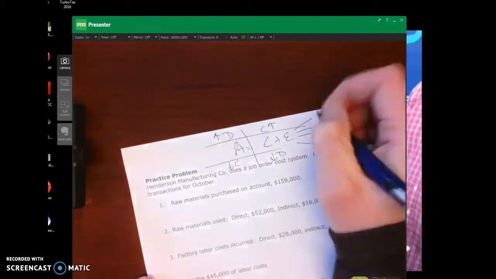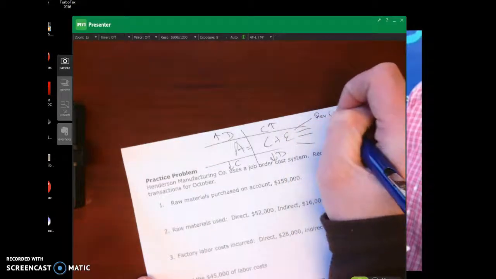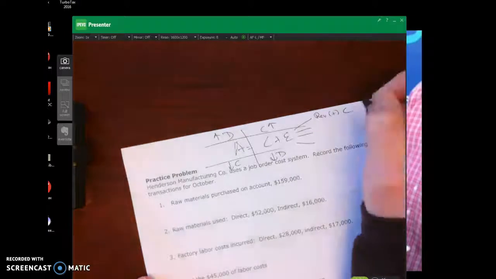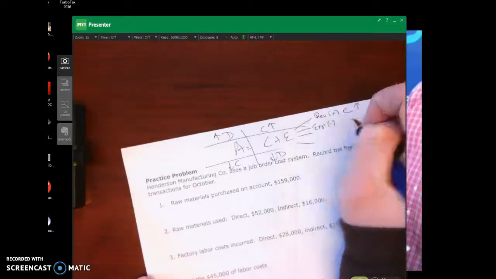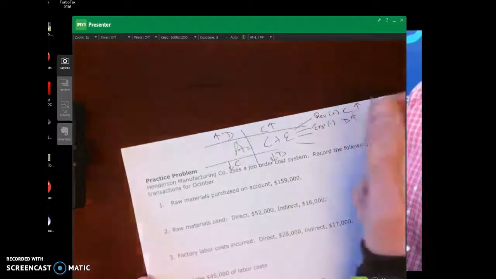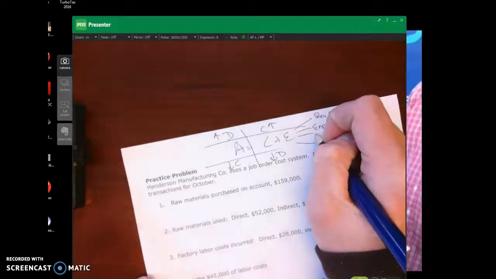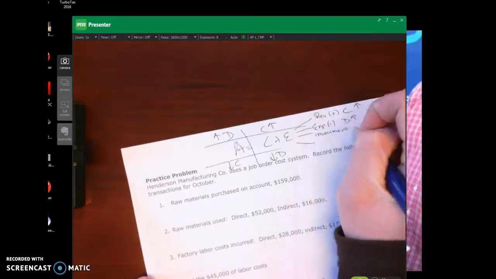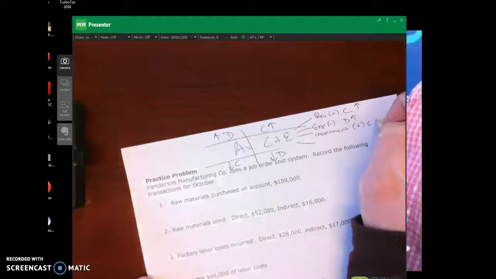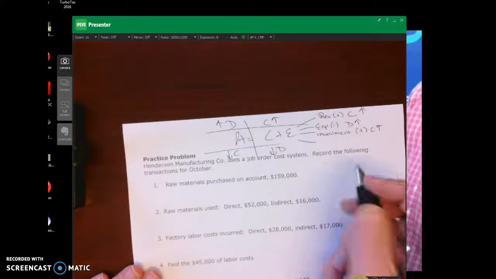Remember, revenues increase equity, so I'll put a C to recognize revenues. Expenses decrease equity, and I'll put a D to recognize expenses. Then we have owner investment. Owner investment increases equity, so it's a credit to recognize owner investment.